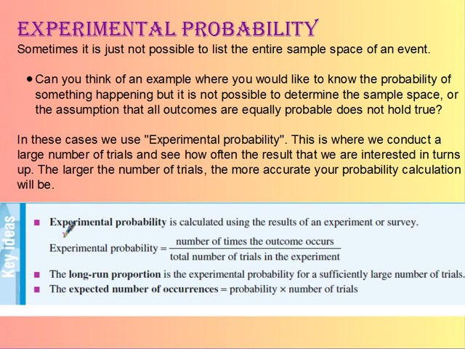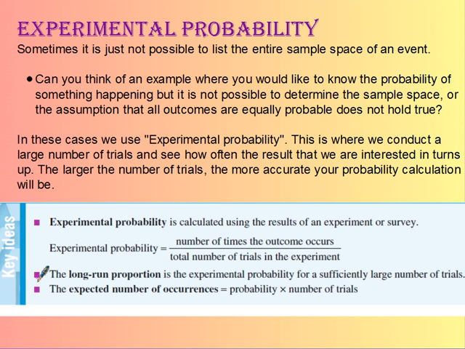So this formula here is the basic formula for experimental probability. The number of trials is now the denominator of that fraction, and the number of times the outcome that we're interested in happens during those trials is the numerator.